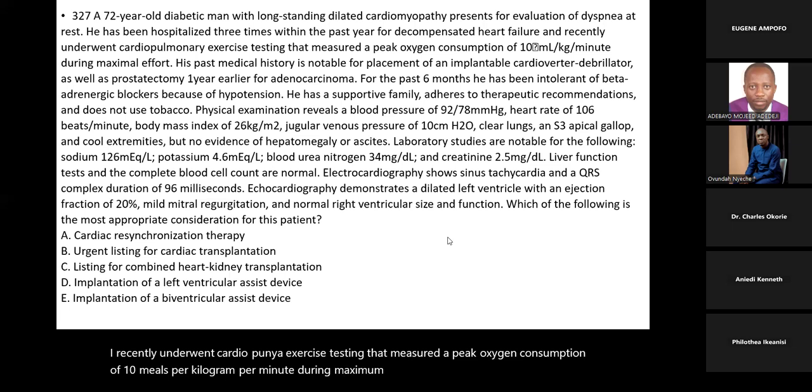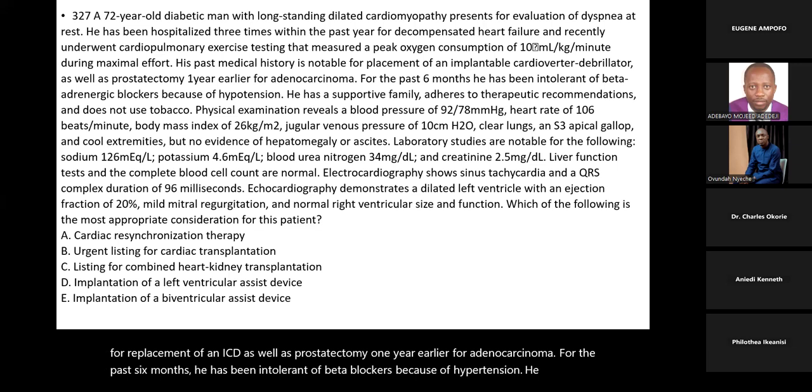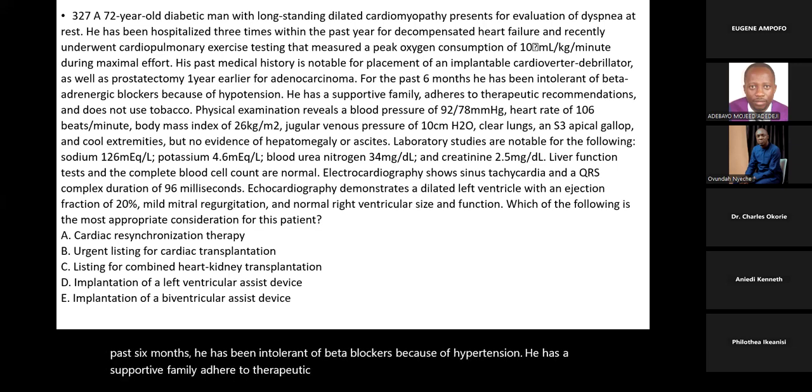His past medical history is notable for replacement of an ICD as well as prostatectomy 1 year earlier for adenocarcinoma. For the past 6 months, he has been intolerant of beta blockers because of hypertension. He has a supportive family, adheres to therapeutic recommendations, and does not use tobacco.